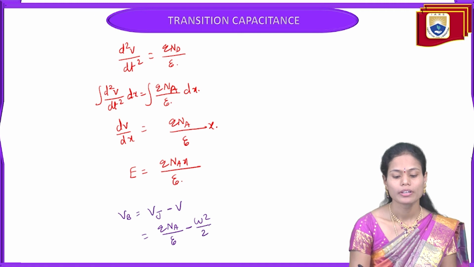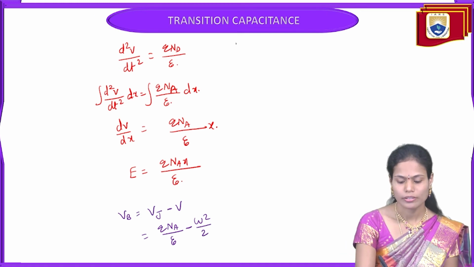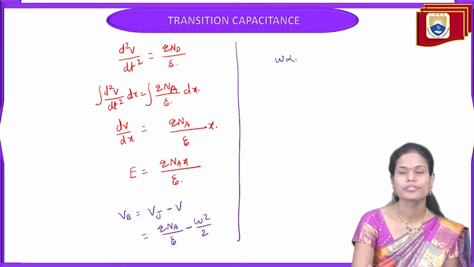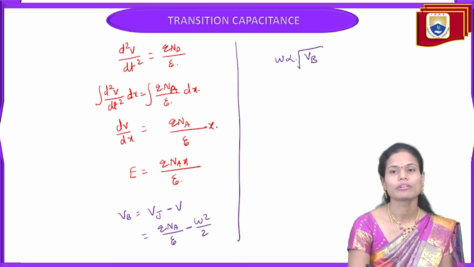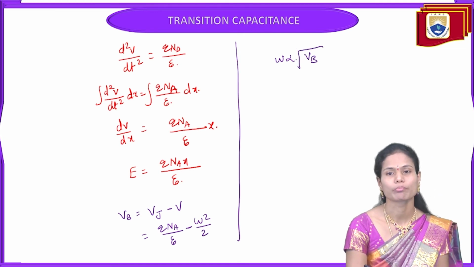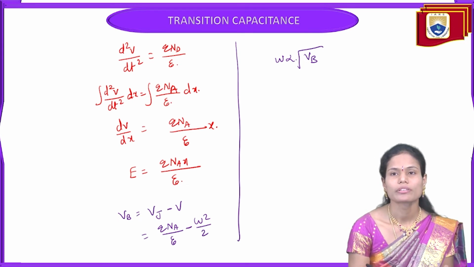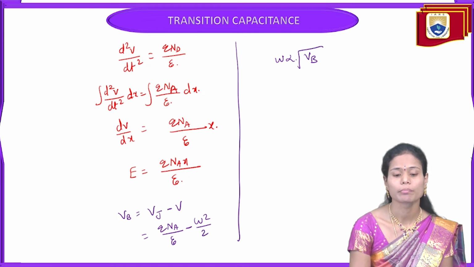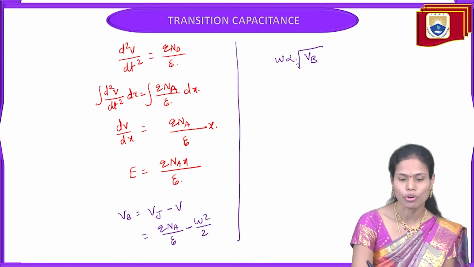From this, the width of the depletion region is proportional to the square root of the barrier potential we are providing for the device. The barrier potential increases with the applied reverse voltage, which we already know.